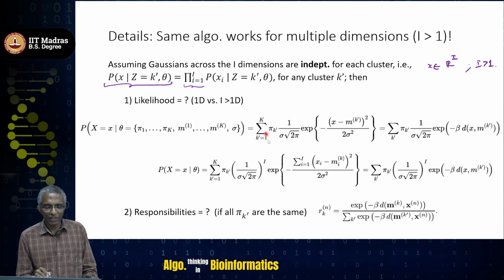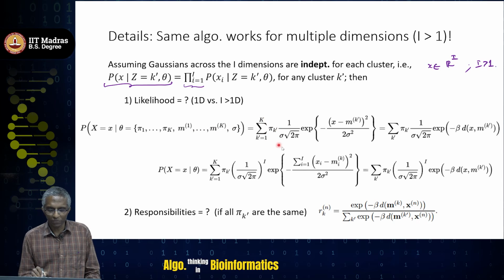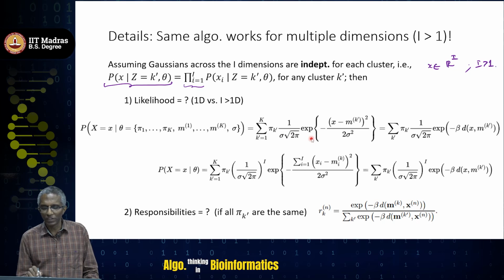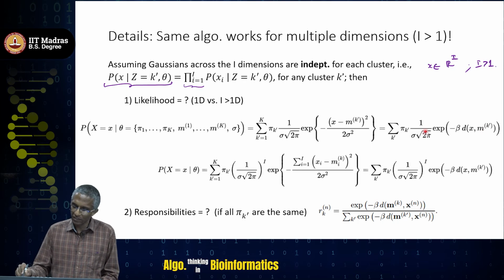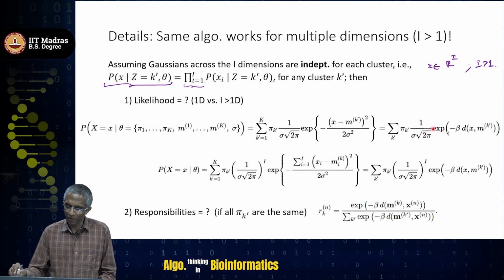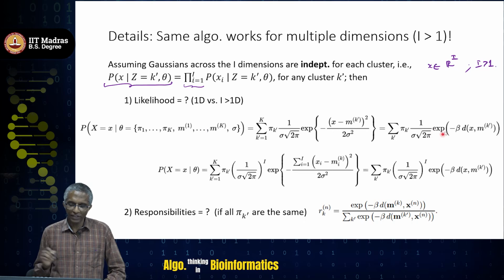So you have the sum over k prime equal to 1 to k, pi k prime, 1 over sigma root 2 pi. This is the normal PDF, right? Then you expand it out and simplify like we have done before. I am not going to go through each of these steps, but you can see that this comes out to be again e to the minus beta d of x comma m of k prime. Okay, and this is what we have shown for 1D, right?